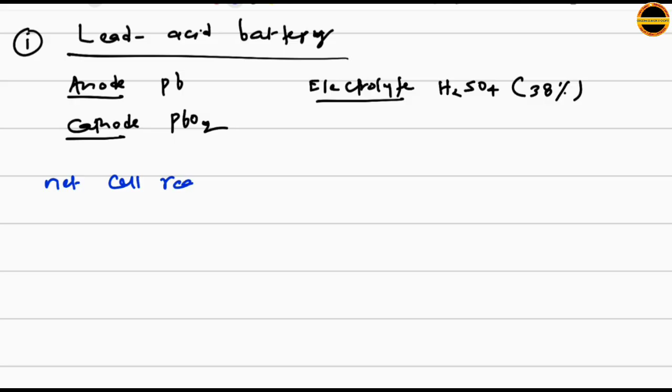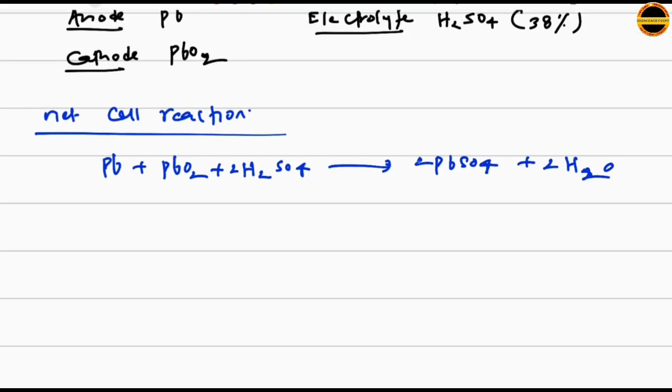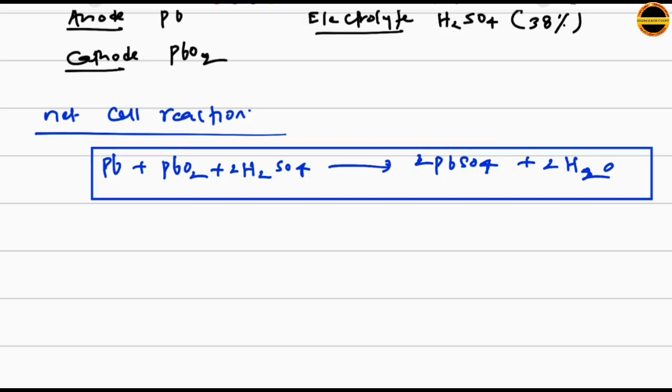The net cell reaction is the combination of the reactions that happen at the anode as well as the cathode. Net cell reaction: Pb plus PbO2 plus 2 H2SO4, giving 2 PbSO4 plus 2 H2O. This particular reaction occurs during discharging; a different reaction occurs during charging.